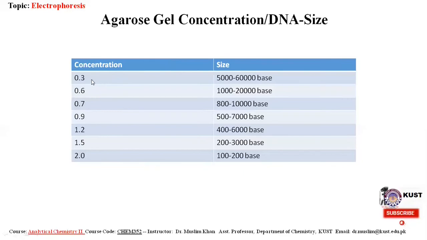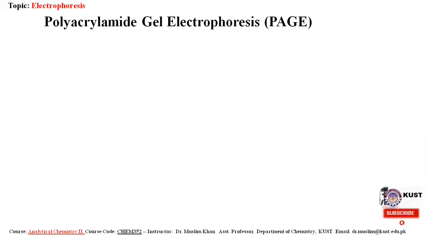This is 0.3 for this size of DNA fragments, 0.6 for this size, 0.7 for this size, and 0.9 for this size. So depending on which size of DNA fragments you are separating, you should use that concentration of agarose gel in your experiment.